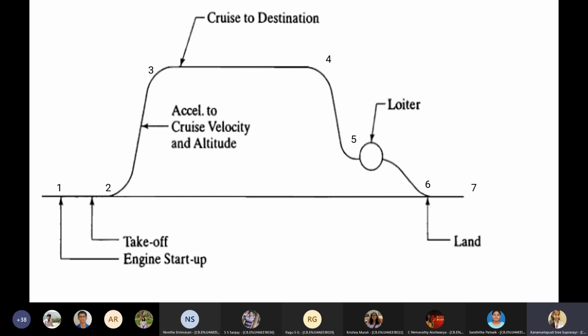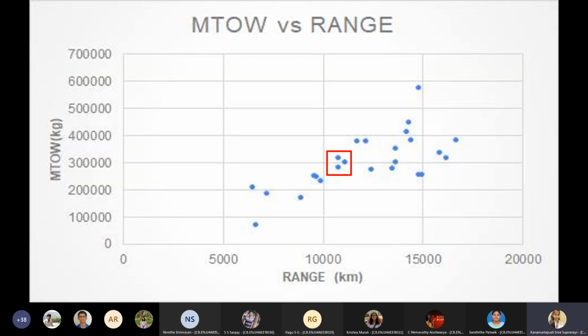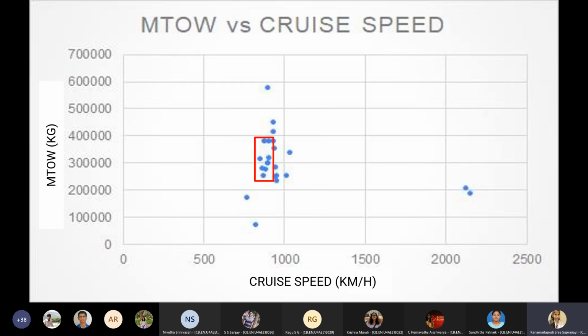This is our mission profile: takeoff, acceleration, cruise, loiter, and landing. For the initial weight estimation, we took aircraft from the literature survey and plotted two graphs, one between MTOW and range and another between MTOW and cruise speed.